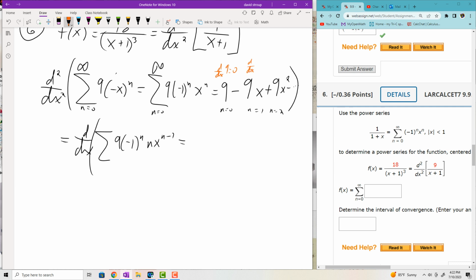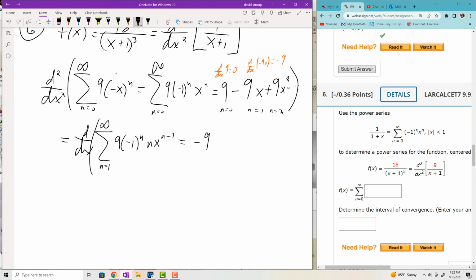The derivative of negative 9x is negative 9. So my first term better be negative 9, right? So I think I'm going to let n equal 1 and then go to infinity and see if that works. So negative 1 to the 1 is negative, and then we have a 9, and 1x to the 0 is just negative 9. So that's the way to go.